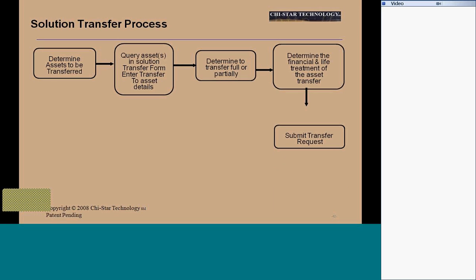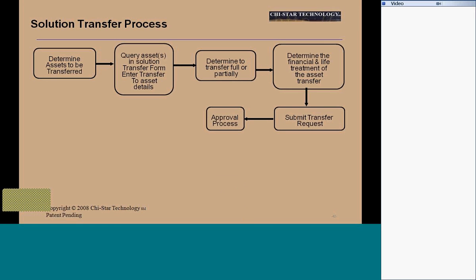You're going to submit a transfer request. It's going to go through an approval process. So unlike the current process, this automated process has workflow built into it that is SOX compliant, that will go through an approval process. Until this process has been approved, nothing gets done within the system. And at the end of this process, you'll book your intercompany journal entries to offset your clearing account and to offset your gain loss account.